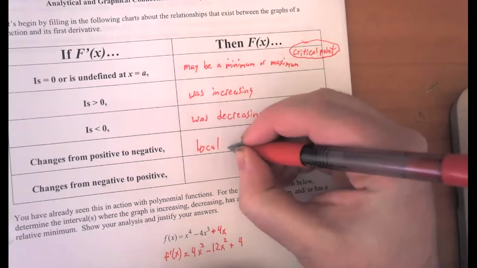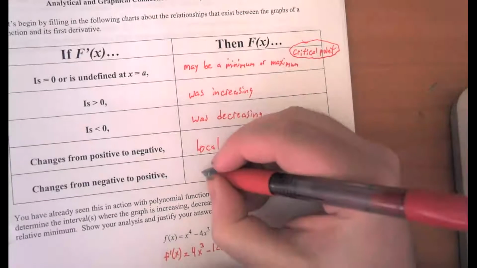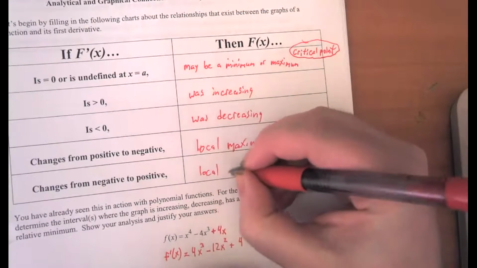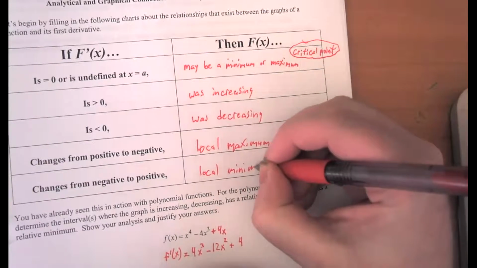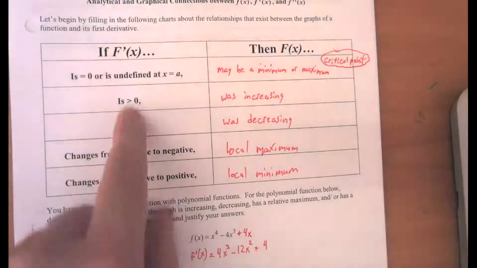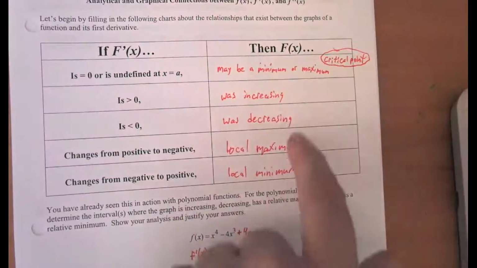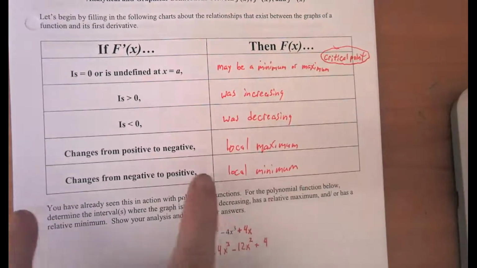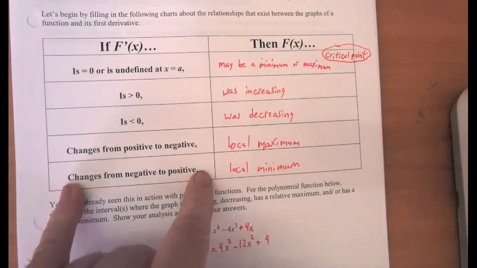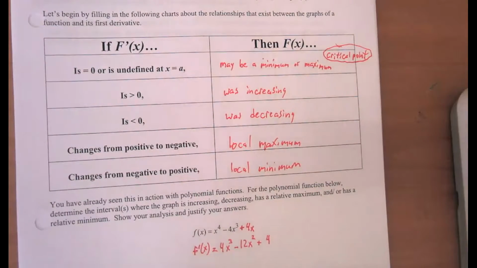This is a local maximum, and this is a local minimum. So these are key ideas for how we can look at the behavior when we want to identify these ideas about a function. We can just take a look at its first derivative and just calculate these things using algebra. All right, we'll see more examples of this as we keep on going through these videos.